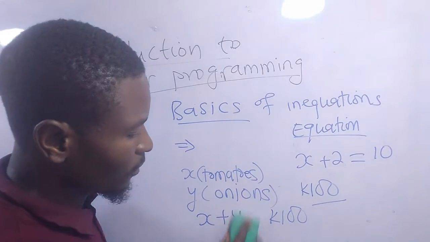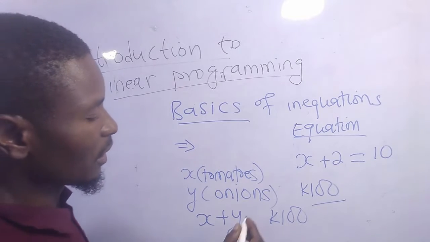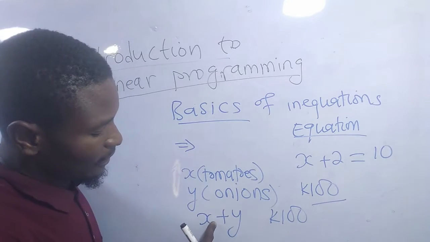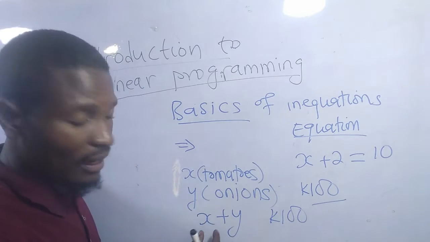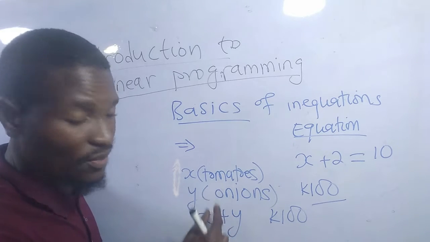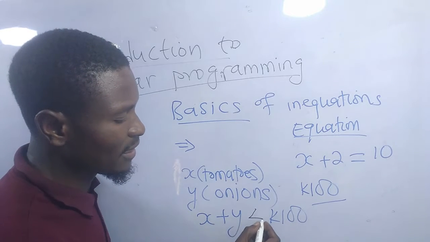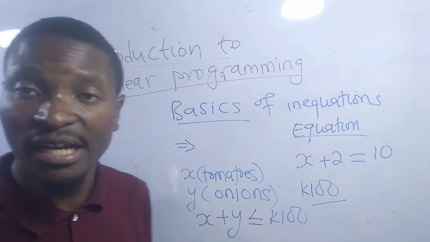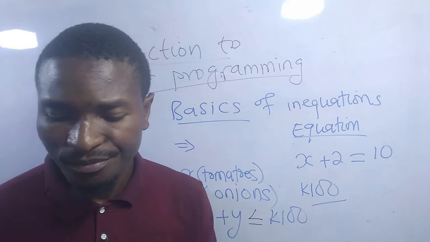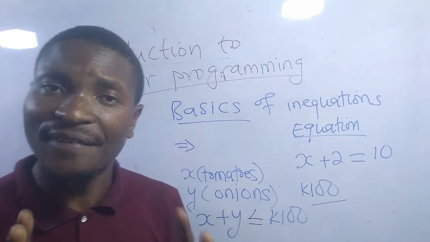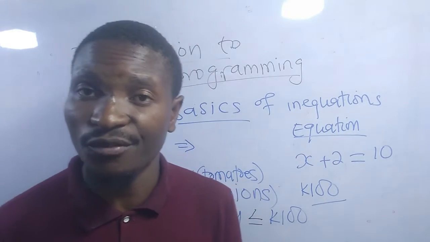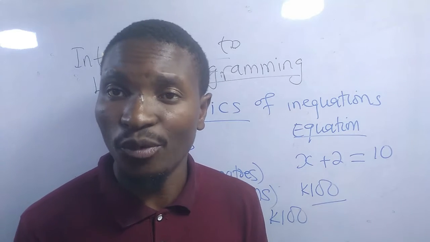So what I'm going to say is that the amount of tomatoes as well as the amount of onion should be less than or equal to 100 kwacha. And that's a fundamental objective of what linear programming is.